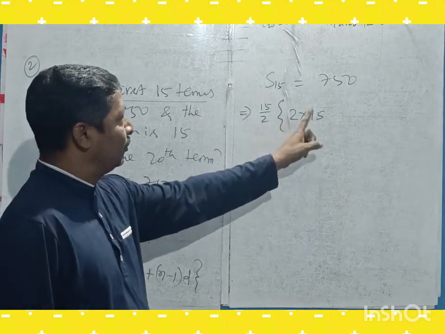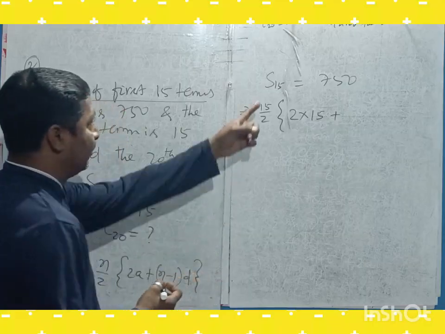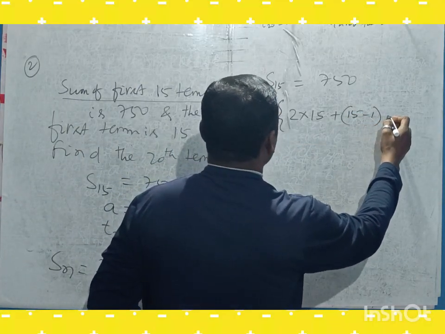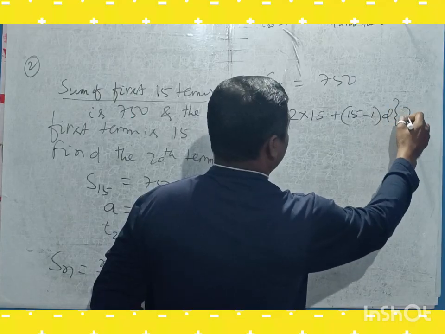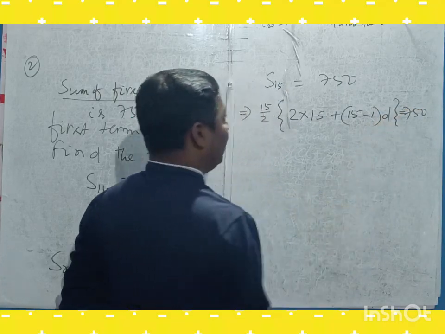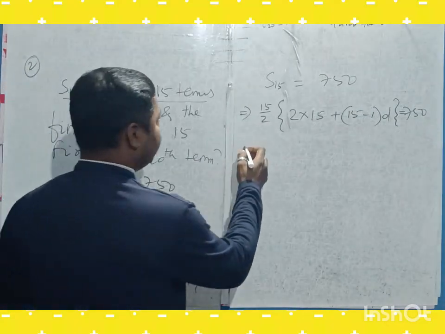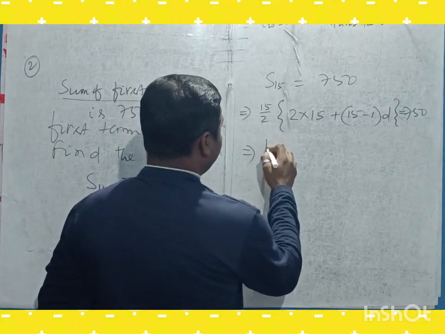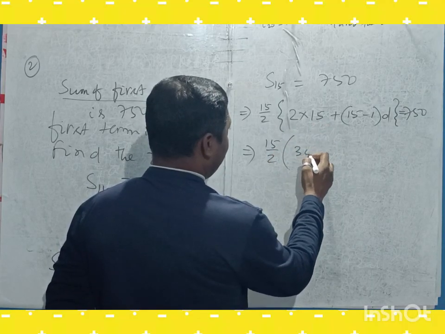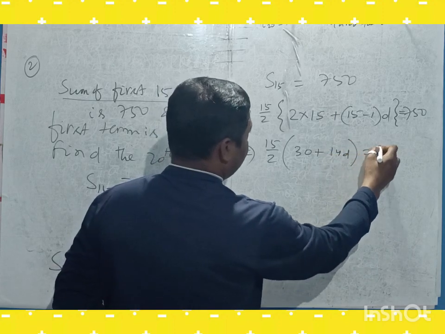I am writing 2 into 15, plus n minus 1, n is 15, so 15 minus 1, into d equal to 750. The value of d is not given, so I am writing d as d. So 15 by 2 into 2 into 15, 30, plus 15 minus 1, 14d equal to 750.